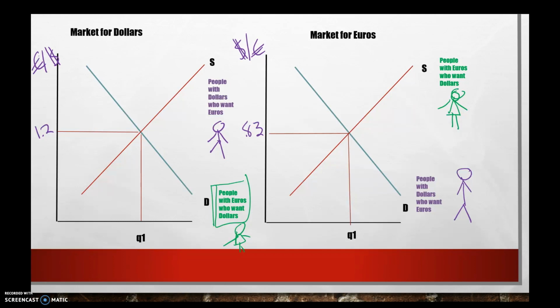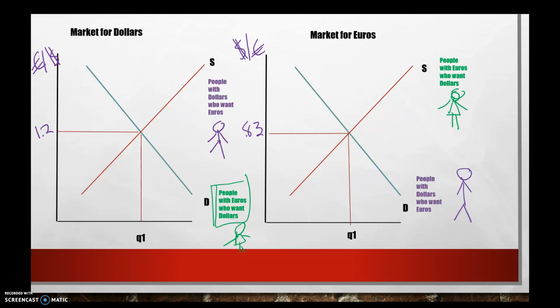So what we want to know now is what can cause these curves to shift. Because you can see that the equilibrium point is what determines the exchange rate. So when we talk about what can cause these curves to shift, remember we said that the demand and supply were determined by the desire for goods and services and assets.